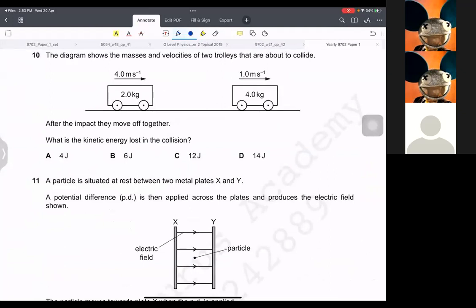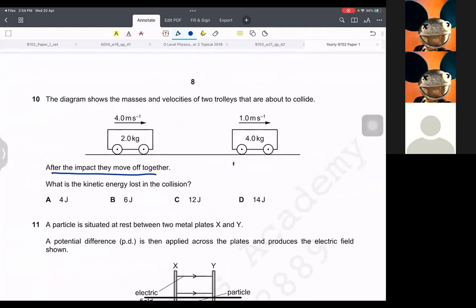Now, this is all right. After the impact, they move off together, which means they combine. What is the kinetic energy lost? First we need to see what is happening afterwards. They will have certain velocity. So let's check. M1 U1 plus M2 U2 equals M1 V1 plus M2 V2. This was 2, this was 4.